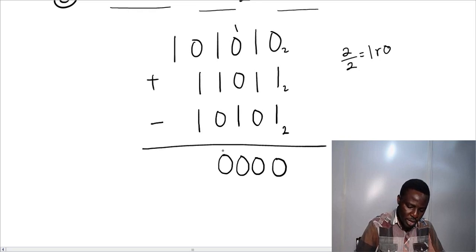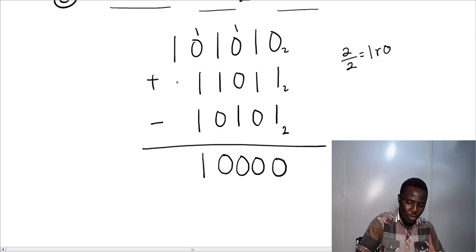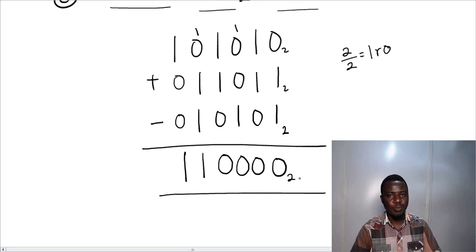We write down 0 and carry 1. 1 plus 0 is 1, plus 1 is 2, minus 1 is 1. And then 1 plus 0 is 1, minus 0 is still 1. So this becomes 110000 in base 2.